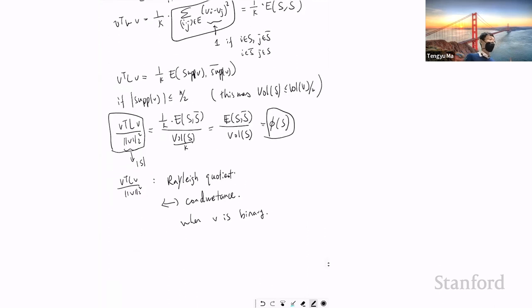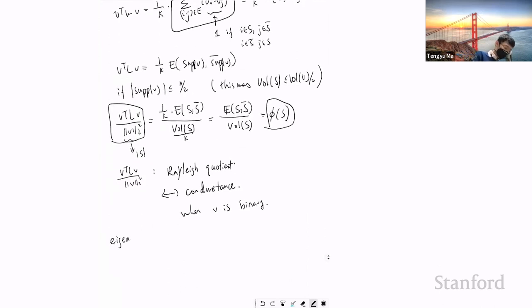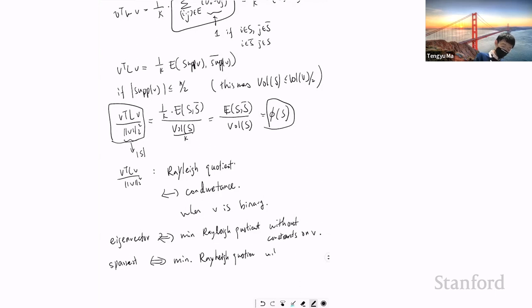So if you compute eigenvectors, you are minimizing the Rayleigh quotient without any constraints on V. But the minimal conductance, the sparsest cut, basically means minimizing the Rayleigh quotient with the binary constraint.